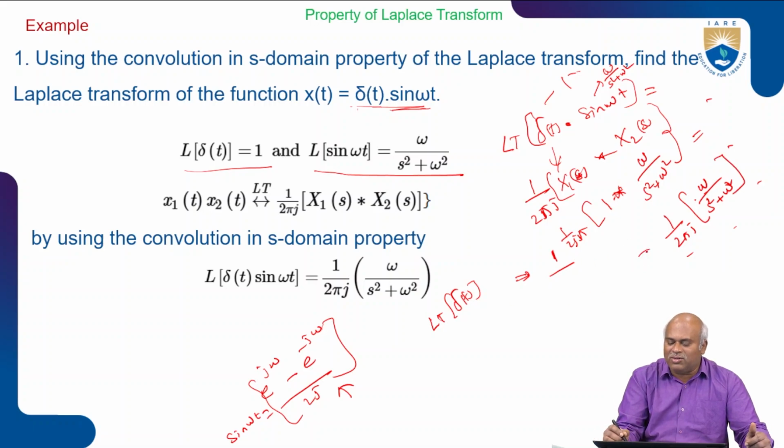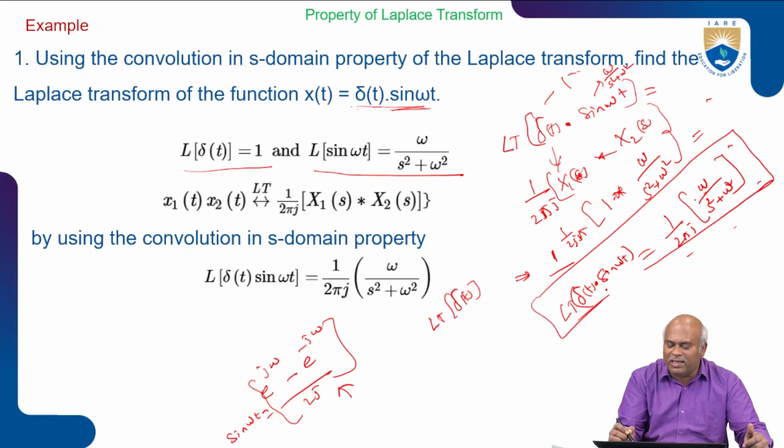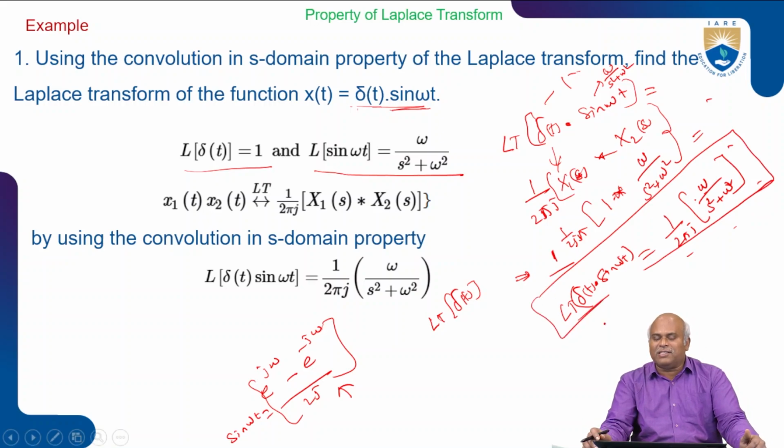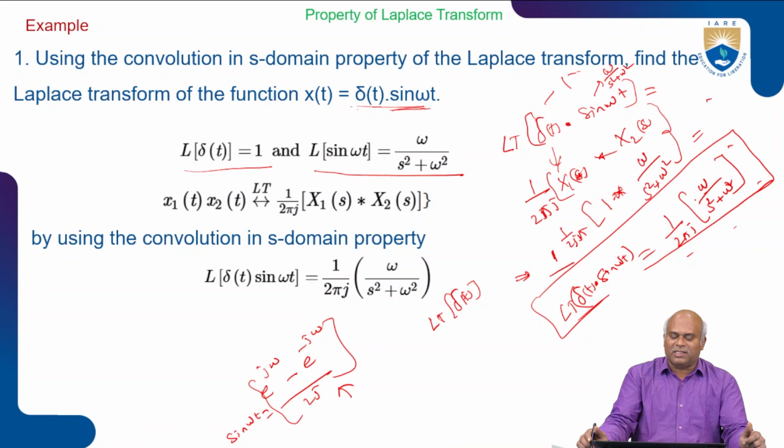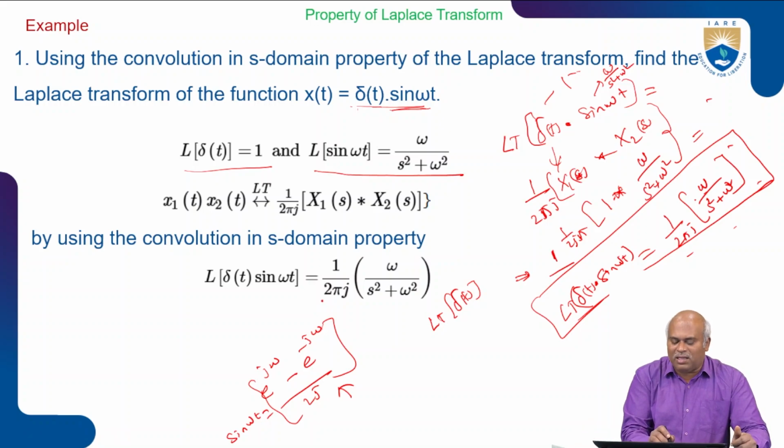That's it. This is the Laplace transform of delta of t into sine omega t, represented as the convolution case of the Laplace transform.